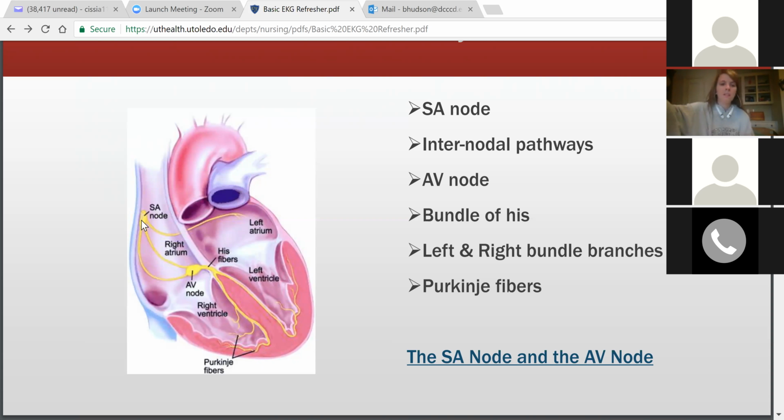Impulses coming from the SA node come here. This will determine if every impulse the SA node elicits is actually going to get through, and in some conditions, it doesn't. Then we have our bundle of His and the Purkinje fibers that wrap around both ventricles, left and right.